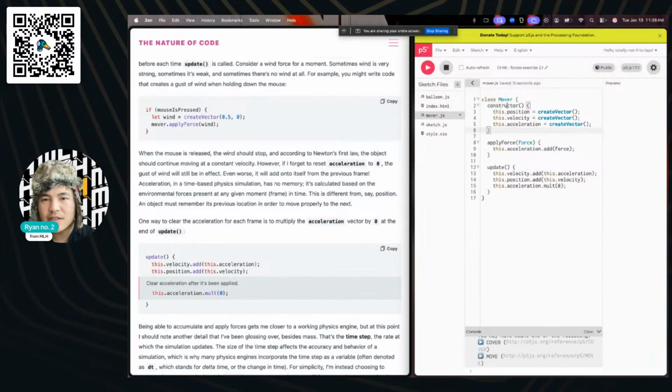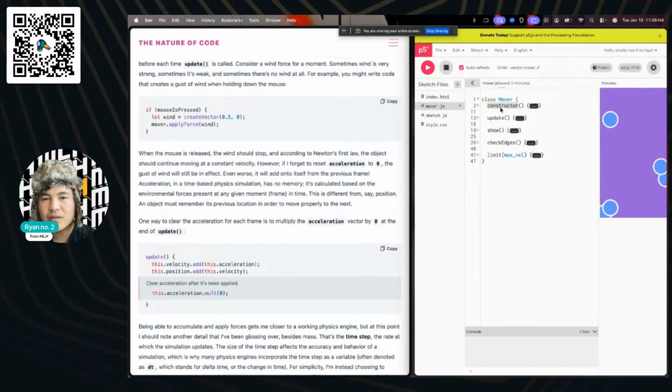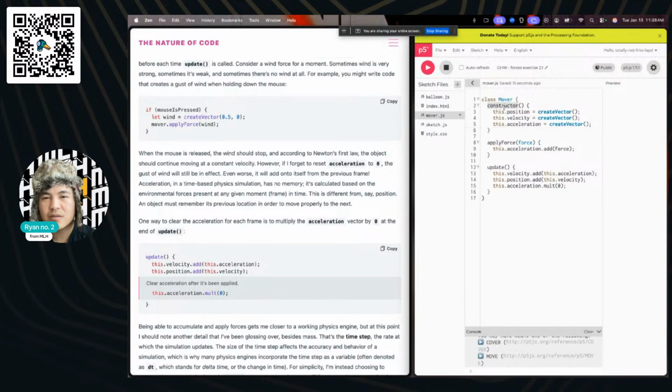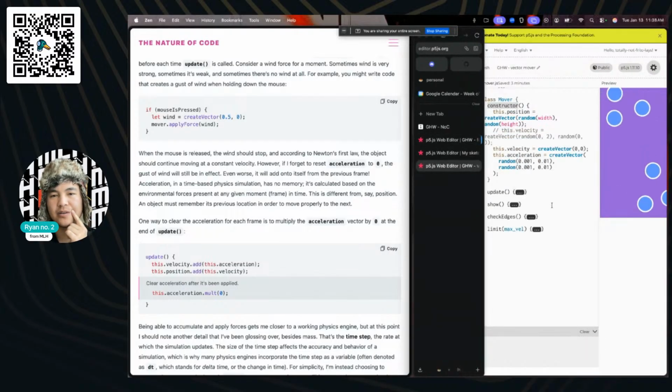Constructor. Did I spell that right? I'm pretty sure I did. Yeah, spelled that right. Oh, is that because this is invalid syntax? No, it's still complaining about new Mover. How curious.